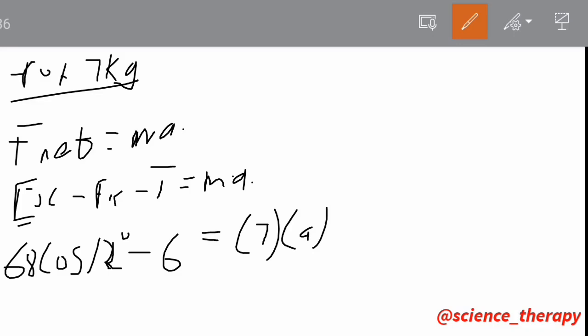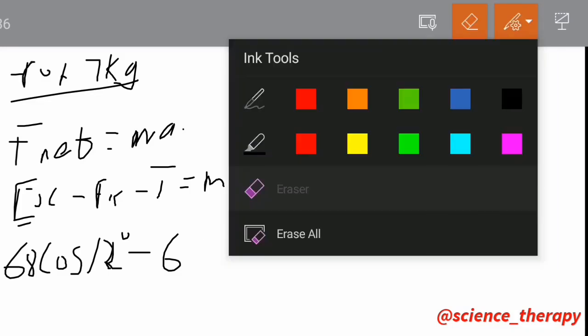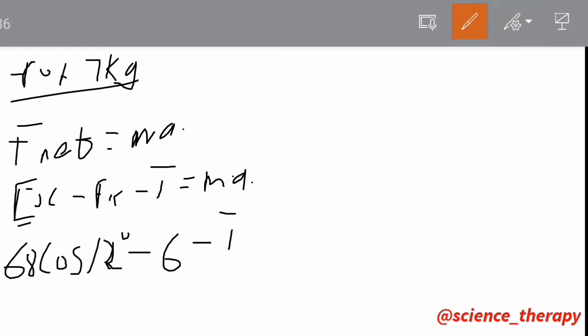Then here, before I write that one, we have the force minus T is equal to mass 7 and then a. Now if you punch this in a calculator, 68 cos 12 degrees minus 6, what do we have?